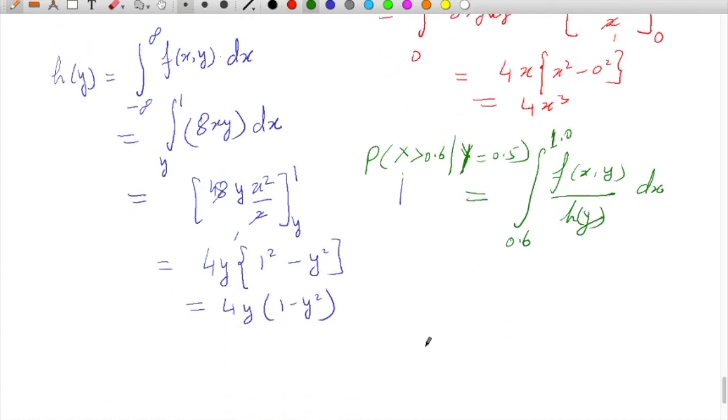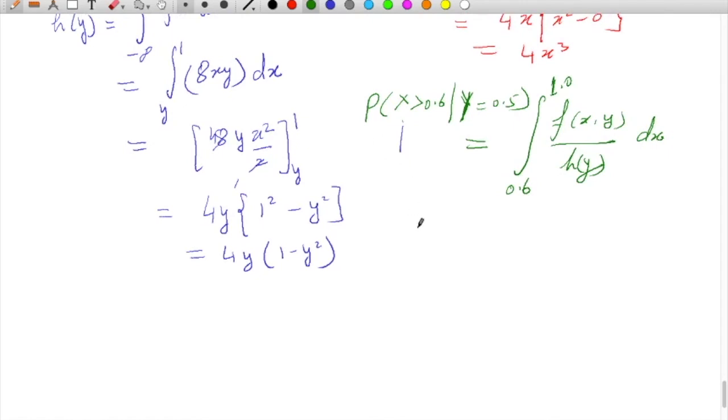So what are the functions here? The functions here are 8xy divided by 4y(1 minus y squared). So y will be cancelled out, 4 will give you 2, integration from 0.6 to 1.0 dx.